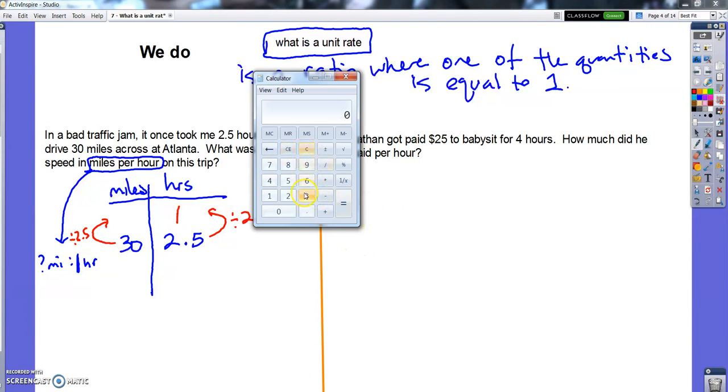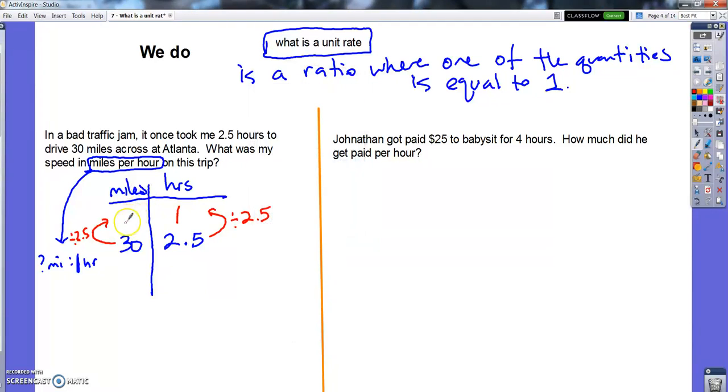30 divided by 2.5 is 12. So I drove 12 miles in 1 hour. That's 12 miles in 1 hour, which is 24 miles in 2 hours, which would have been 36 miles in 3 hours to keep the ratio the same. And in that middle part, I had 30 and 2.5.